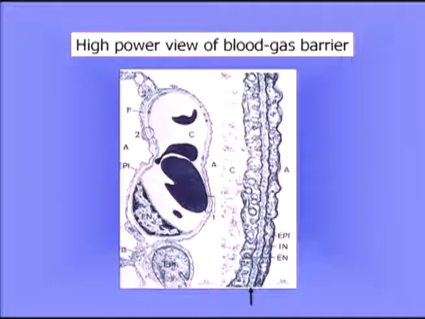In fact, the epithelium actively pumps water from the alveolar space into the interstitium using a sodium-potassium ATPase pump. So the epithelium is in the business of keeping the alveoli dry. Now, of course, it's true that there is a thin layer of surfactant on the alveolar epithelium, but this pump actively transports water from the alveolar space into the interstitium.